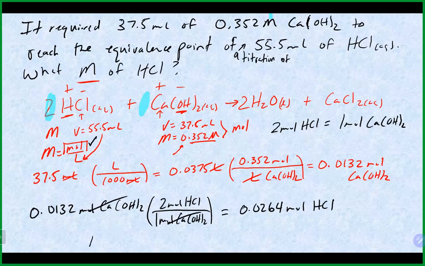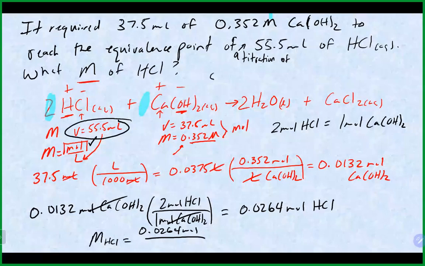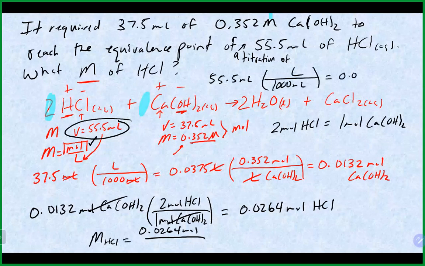So we could calculate the molarity of the HCl by taking the moles we just calculated, 0.0264 moles, divided by the liters of this. So once again, we still need to do a conversion to get that into liters. We do not want to divide by milliliters. So again, 55.5 milliliters, 1,000 milliliters in a liter, 0.0555 liters.